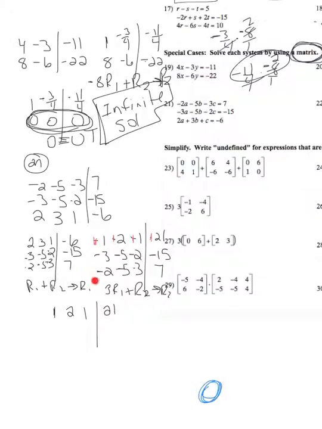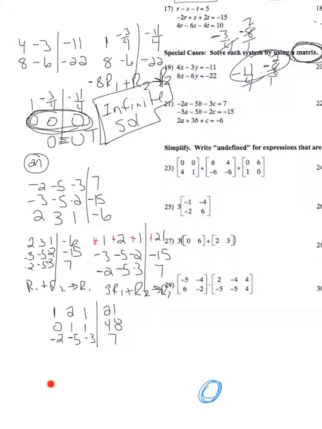Now let's do it. 3 times this one plus this one is 0. 3 times this one is 6 plus -5 is 1. 3 times this one is 3 plus -2 is 1. And 3 times 21 would be 63 plus -15, so 48. And then I've got a -2, -5, -3, and 7 down there.